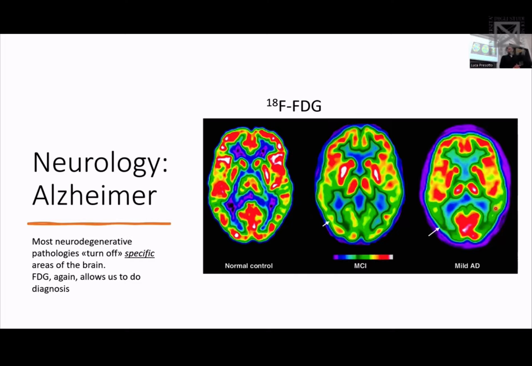And we will see when you have a frontotemporal dementia, of course, cells start to die in the frontotemporal area. When you have Lewy body dementia, also the occipital area turns down. And so you are able to do an extremely precise differential diagnosis years before you have changes in the anatomy of the brain that you can see with the MRI.